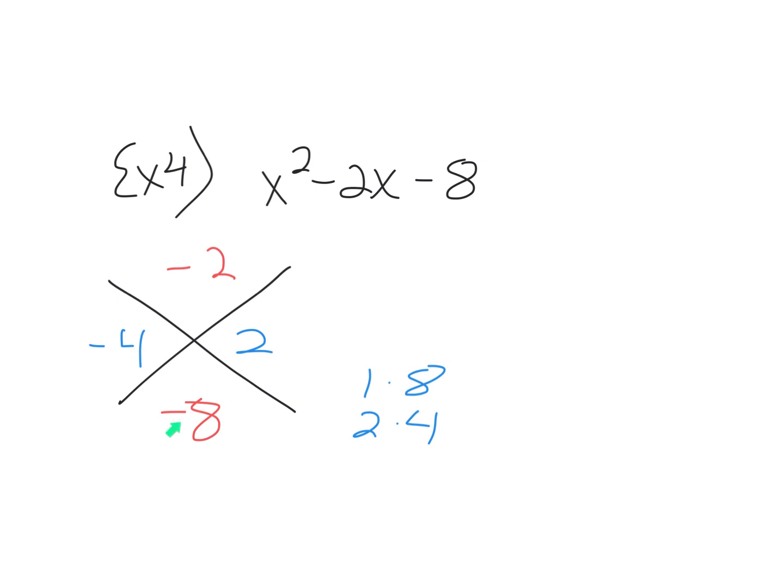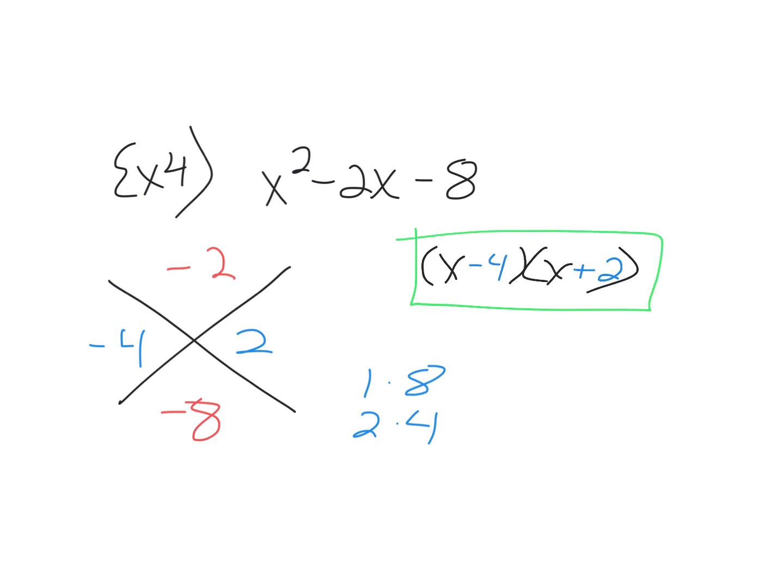So when you multiply these, you get negative 8, and when you add them, you get negative 2. So when we write our answer as the binomial factors, we have x minus 4 and x plus 2. And that's your binomial factors of this expression.